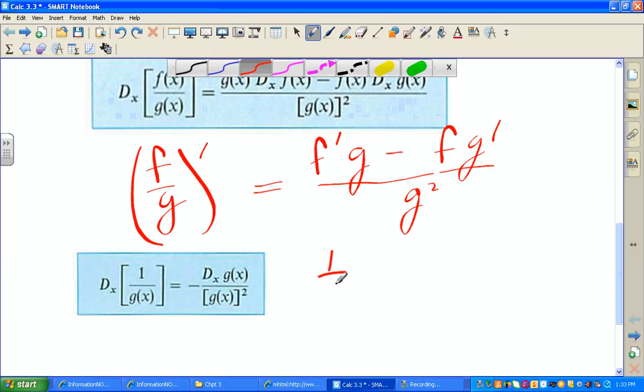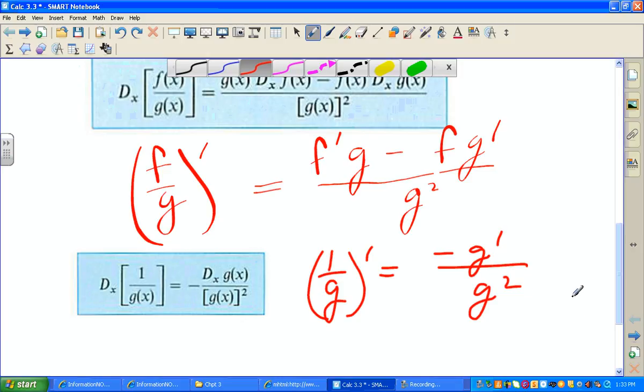If you have 1 over g and you want to take the derivative of it, this one says it is the opposite of g prime over g squared. Well, it's the same as the quotient rule because the derivative of 1 is 0.